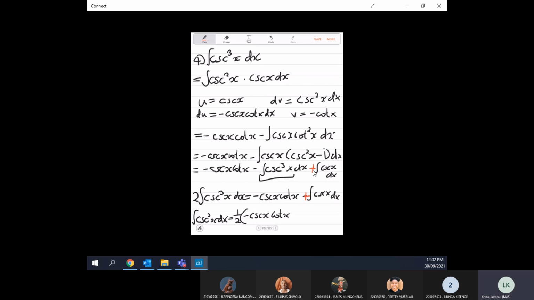And now the integral is negative ln of cosec x plus cot x, and then we add our constant of integration.